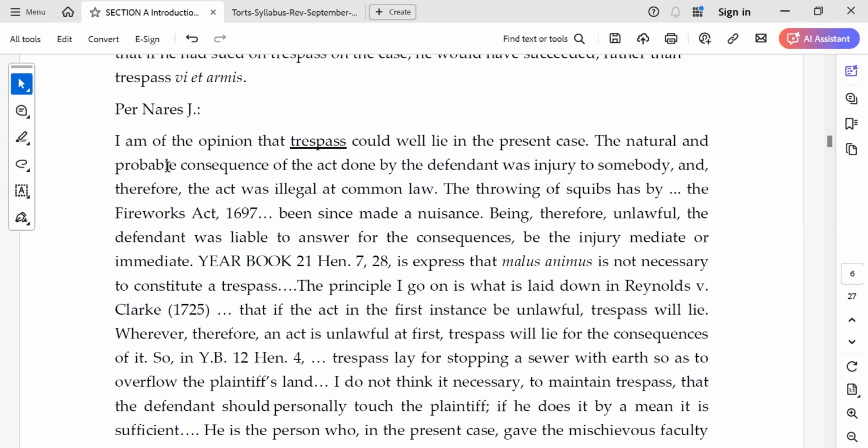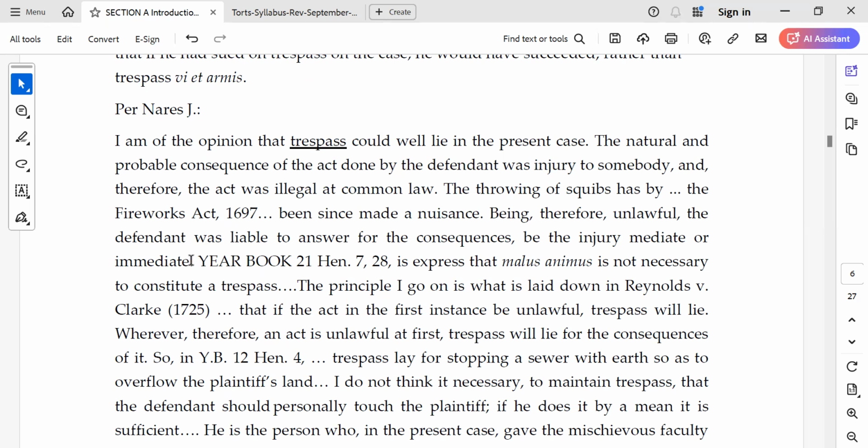The natural and probable consequence of that act done by the defendant was injury to somebody, and therefore the act was illegal at common law itself. The throwing of a squib has, by the Fireworks Act, etc., been since made a nuisance. Being therefore unlawful, the defendant was liable to answer for the consequences, the injury mediate or immediate.